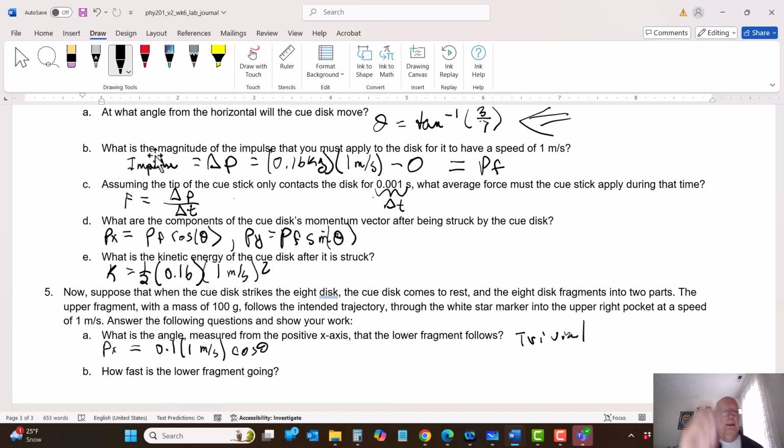And then you have the other portion, which is the remainder, which has to be 0.06 times whatever the velocity is, times, this is the x component, so it's the cosine of theta 2. So we have these two fragments. One is going at theta, and the other one is going at theta 2.